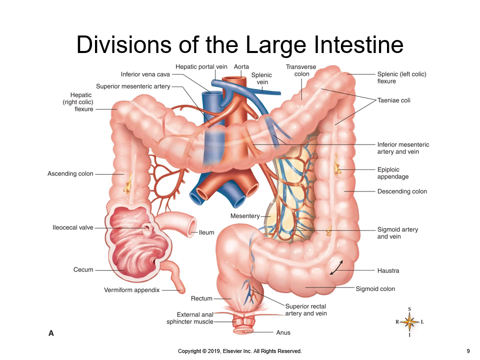And then we have the descending colon here, which runs downward on the left side of our abdomen. And then we have this S shape here, which is the sigmoid colon, which is the final section that leads to our rectum right here. So this is the S shape that it talks about.